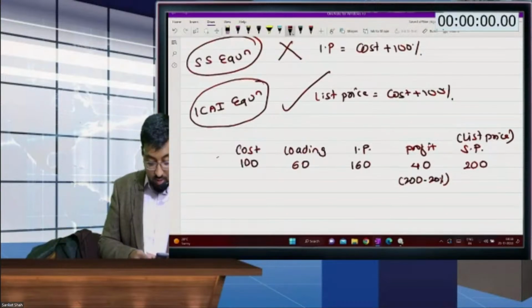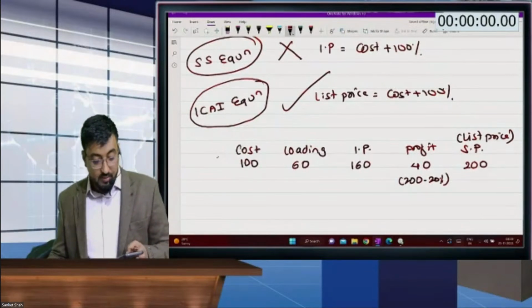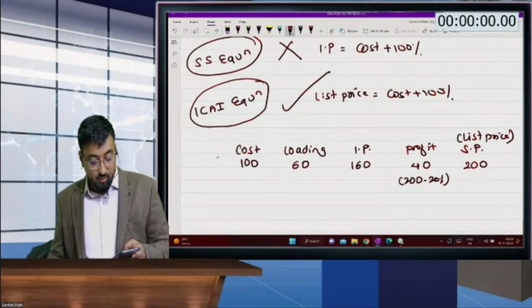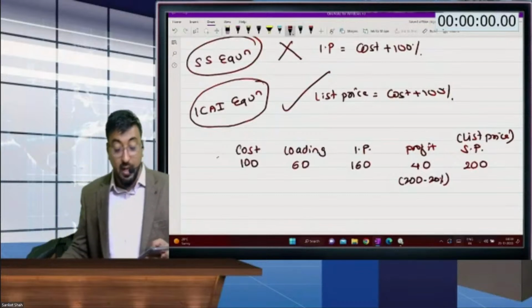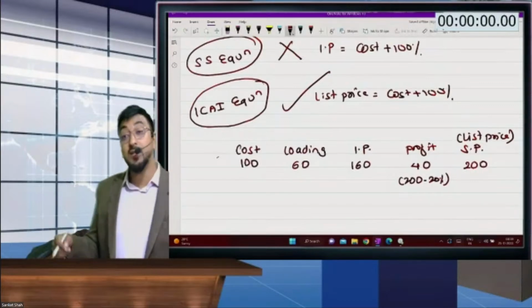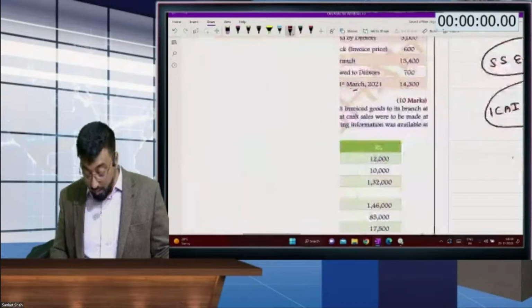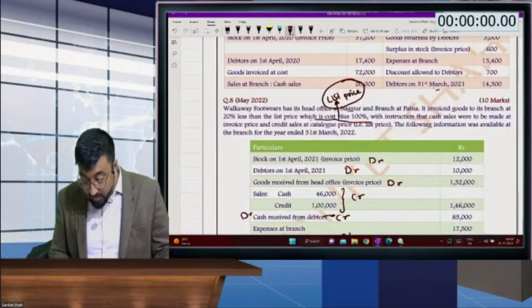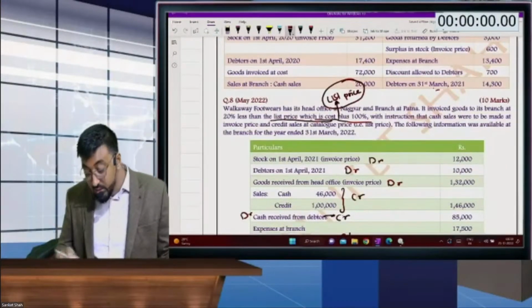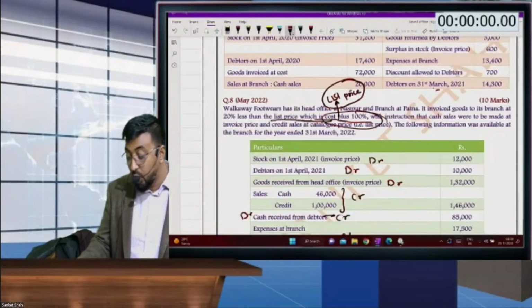Are you getting this concept? Now they have converted list price is equal to cost plus 100%. How will this be understood in the exam, I myself got confused. Now whether this is cost plus 100%, what they want is list price is cost plus 100%. Now no one will understand whether this is invoice price or list price.